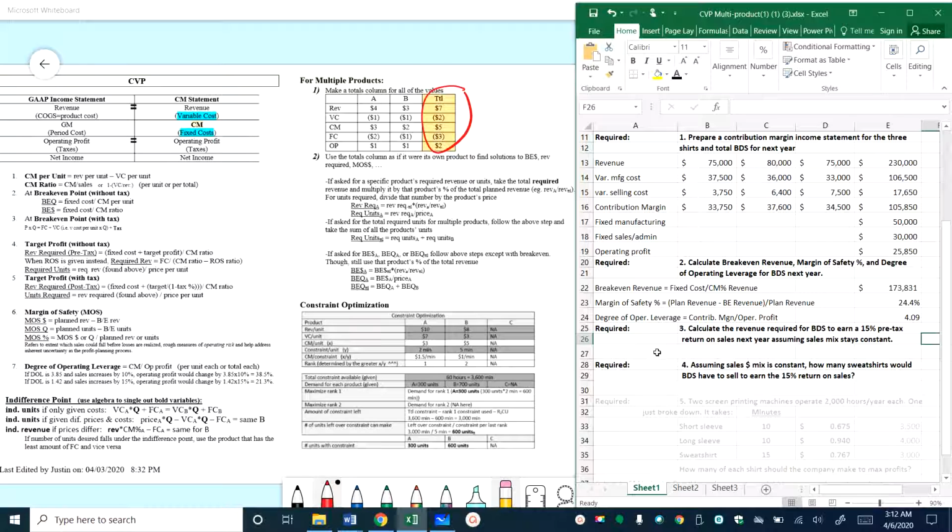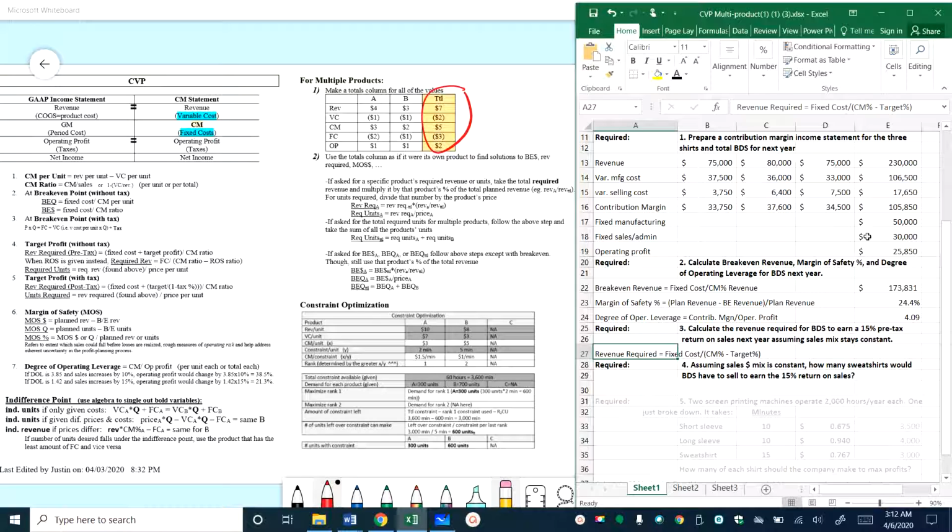Okay, so as you might have noticed, it's asking for the revenue required. So we know we're going to be looking over here, and it says pre-tax, so we're going to be up on this pre-tax revenue required, and it gave us a return on sales ratio. So we know we're going to use this second equation: fixed cost divided by contribution margin ratio minus return on sales ratio.